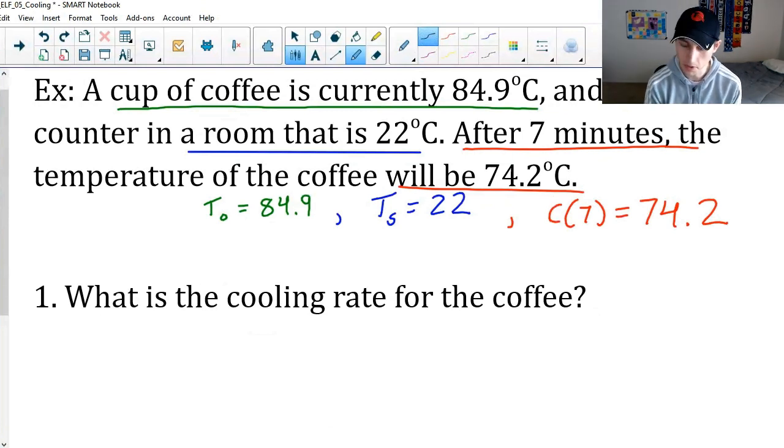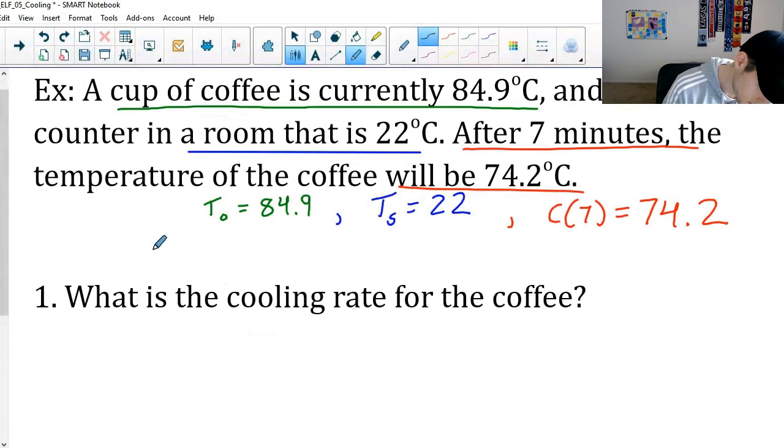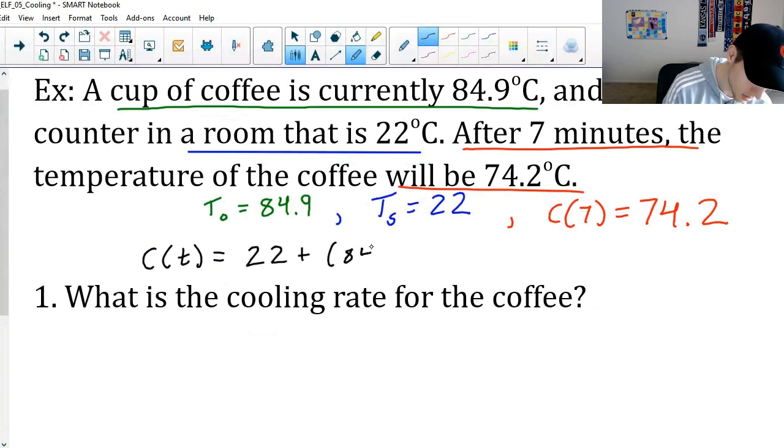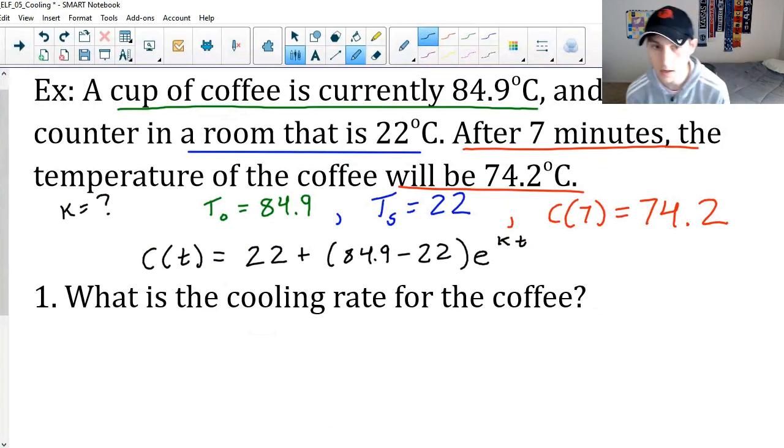All right, so let's just first build the model before we start actually solving anything. So TS plus T0 minus TS e to the power of K times T, because I don't know what K is.